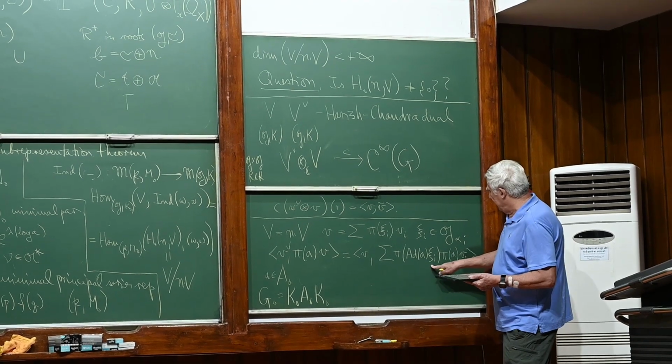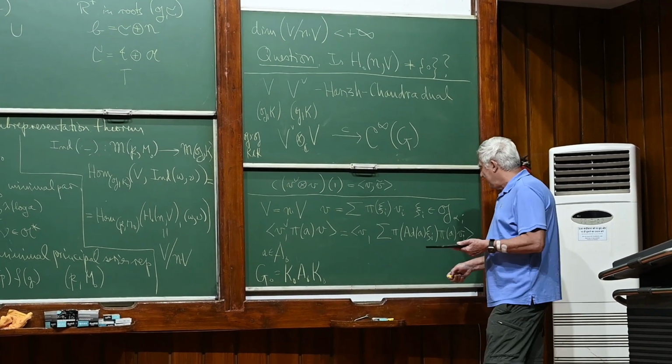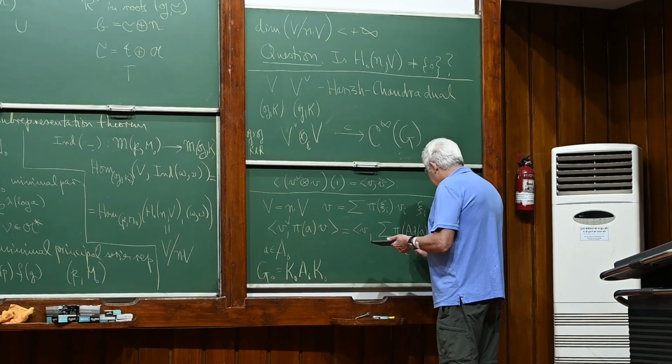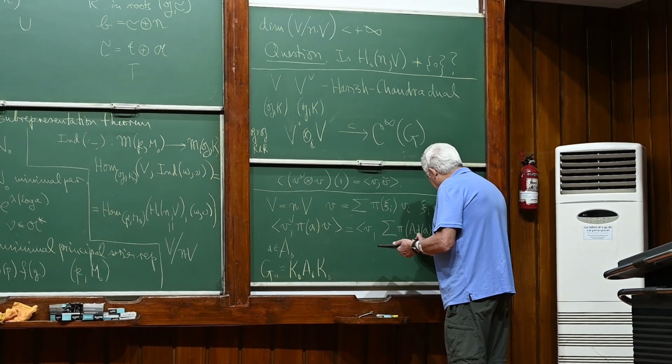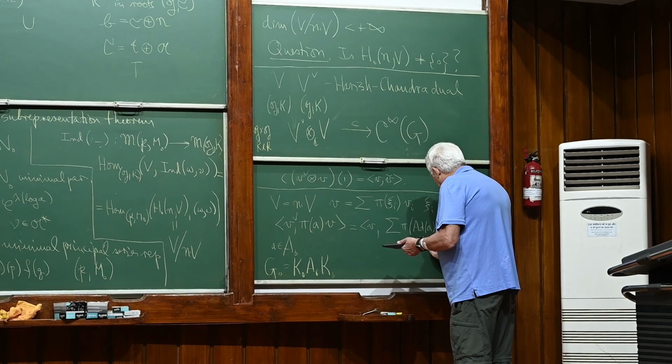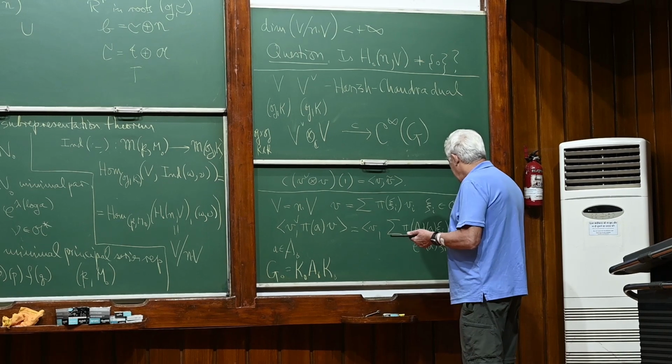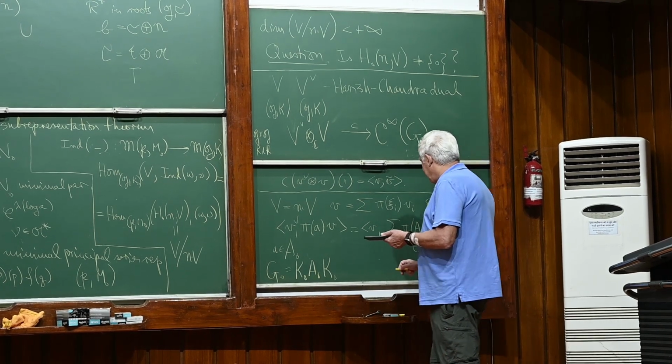So now these are in root spaces, so these are just e to alpha I A, ci, and I can pull these numbers out.